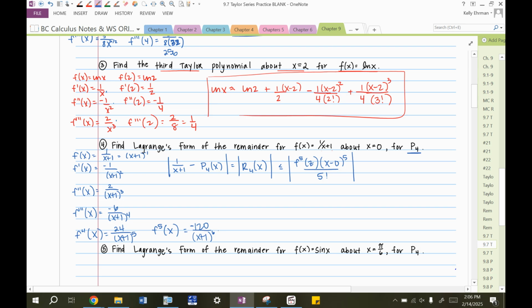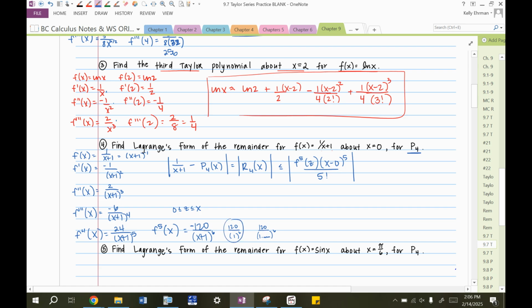Now remember, we were trying to find a max value. So z sits somewhere between 0 and x. And I don't know if x is positive or negative. So let's just assume it's positive for now. So I could plug in 0, and in absolute value, I could get 120 over 1 to the 6th. Or if I get 120 over 1 point anything to the 6th, that will be smaller.